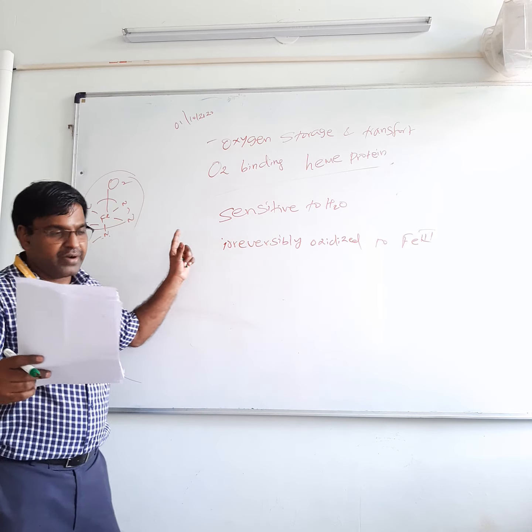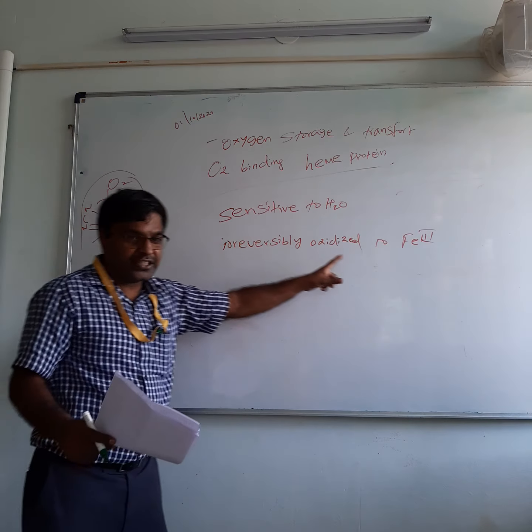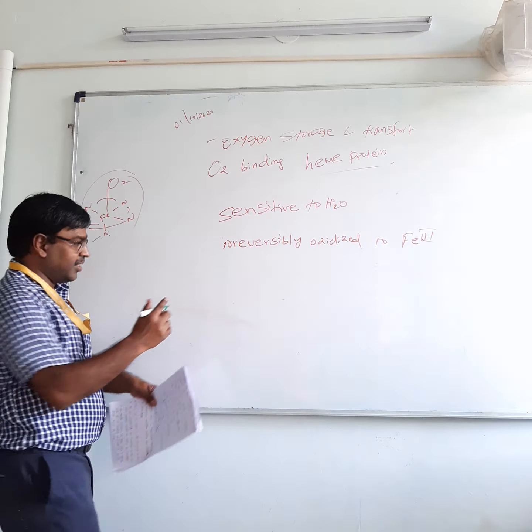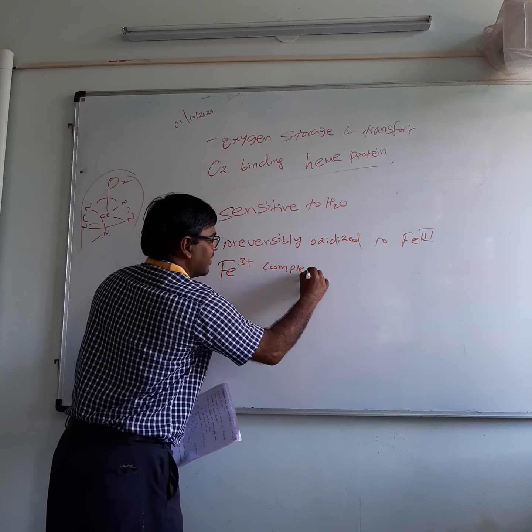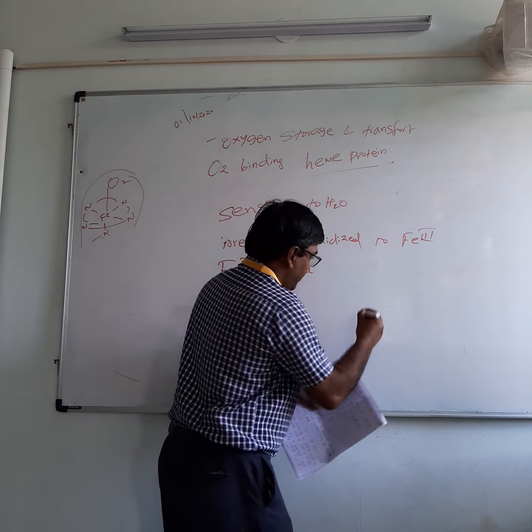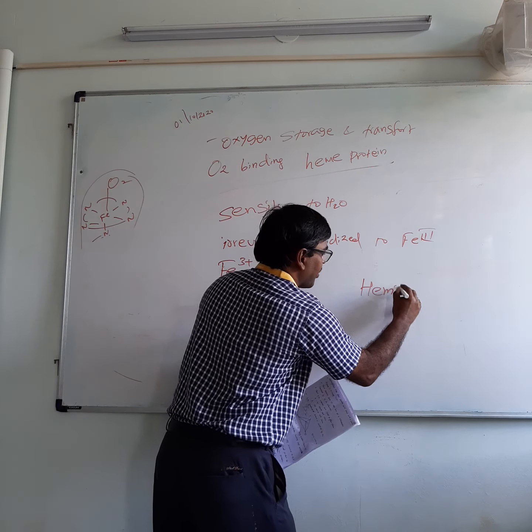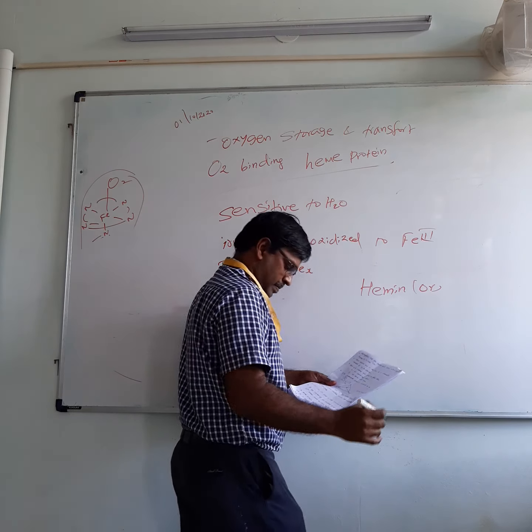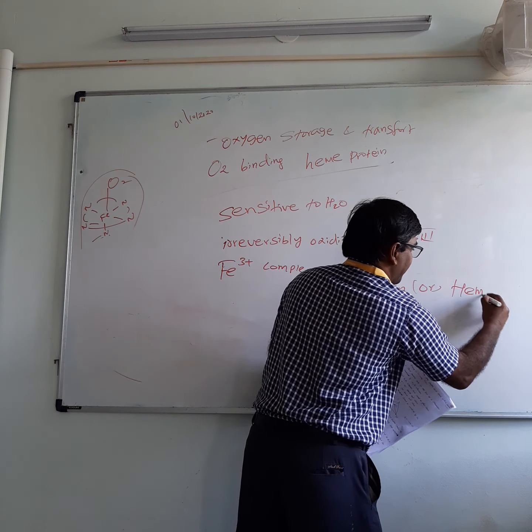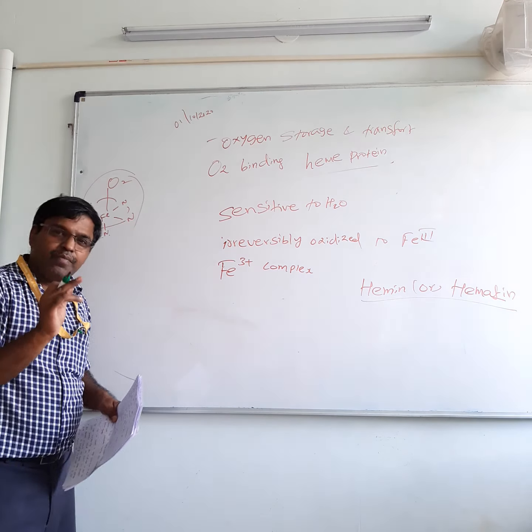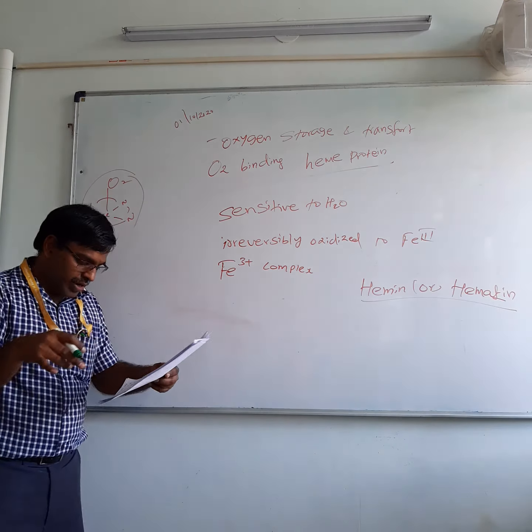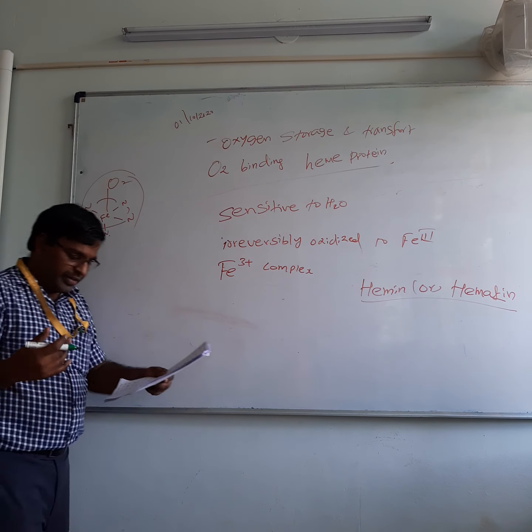When it is irreversibly oxidized to iron 3 plus, it will form an iron 3 complex, which is called hemin or hematin. That is an iron 3 complex when the heme is exposed to water. How is it exposed to water?